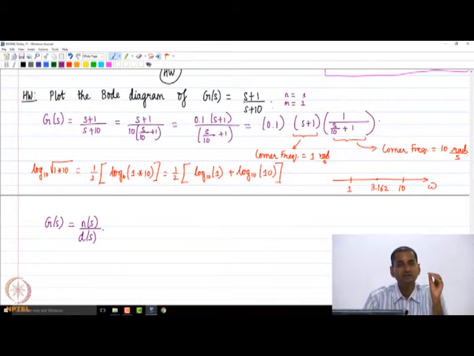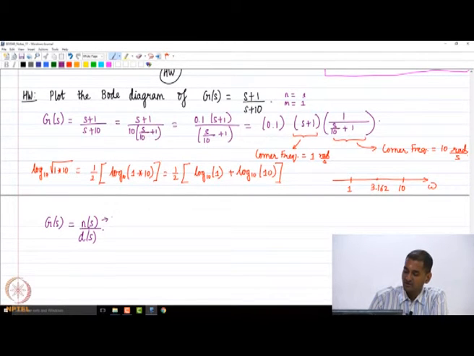If you recall, for a minimum phase transfer function, what is in general the slope of the high frequency asymptote? Do you recall our discussion? The slope of the magnitude curve.